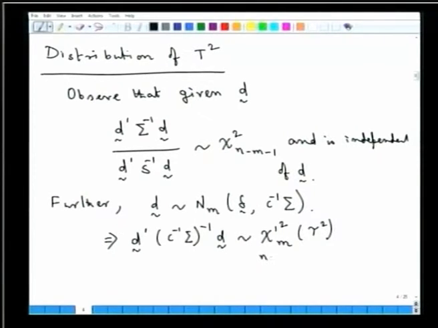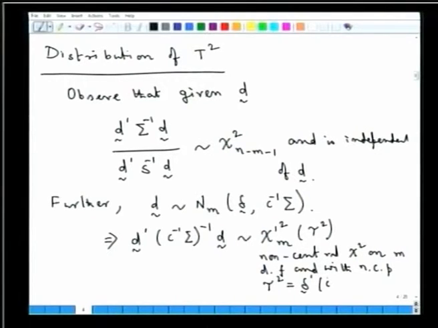So this is a non-central chi-square on m degrees of freedom, and with a non-centrality parameter, tau square. And what is that tau square? The tau square term is going to be given by delta prime times the inverse of C inverse sigma, multiplied by delta.